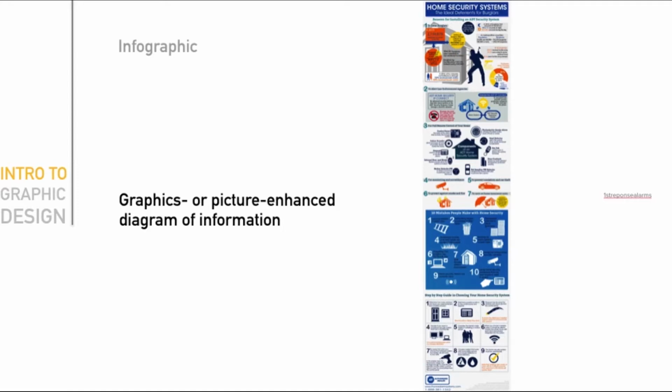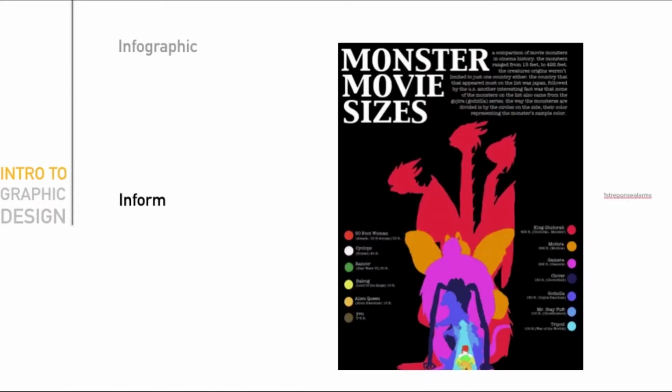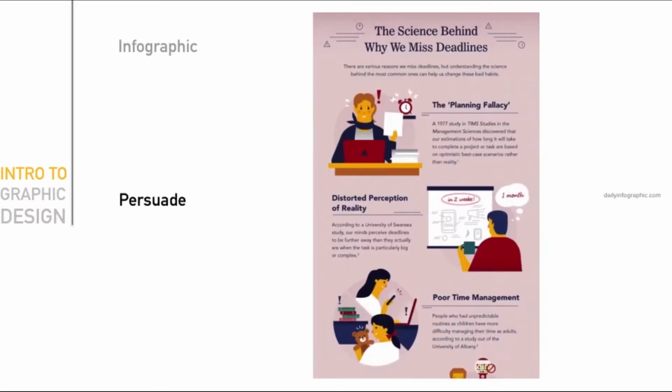Infographics are used in news publications, they're used on websites, they're used in social media, they're used in PowerPoint or keynote presentations, in textbooks, advertising, they're used everywhere. So infographics are basically used to present information to inform people, or they're used to persuade, or both.